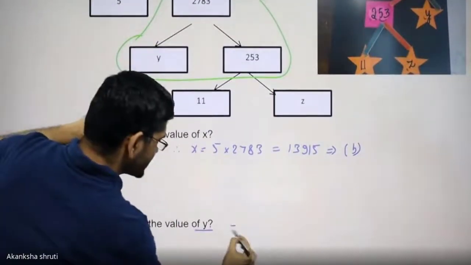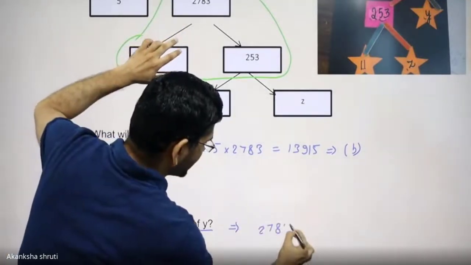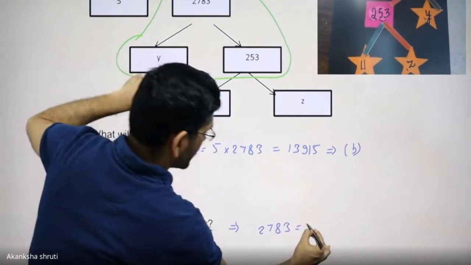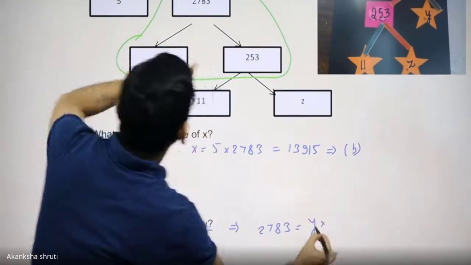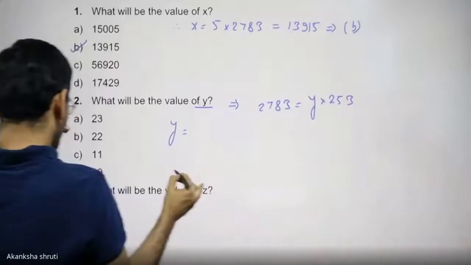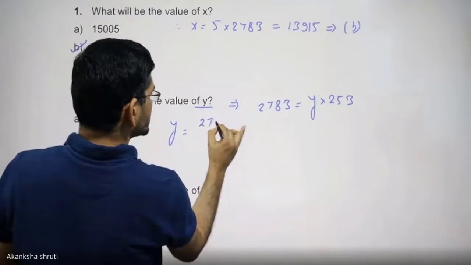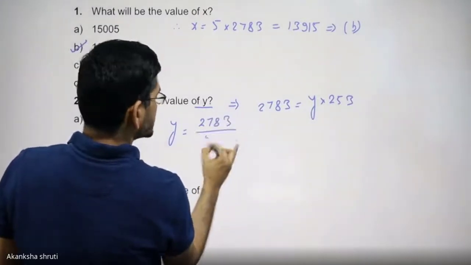So this tells that we have to use this part, means 2783 is equal to y into 253. So this way, the value of y is obtained by dividing 2783 by 253.